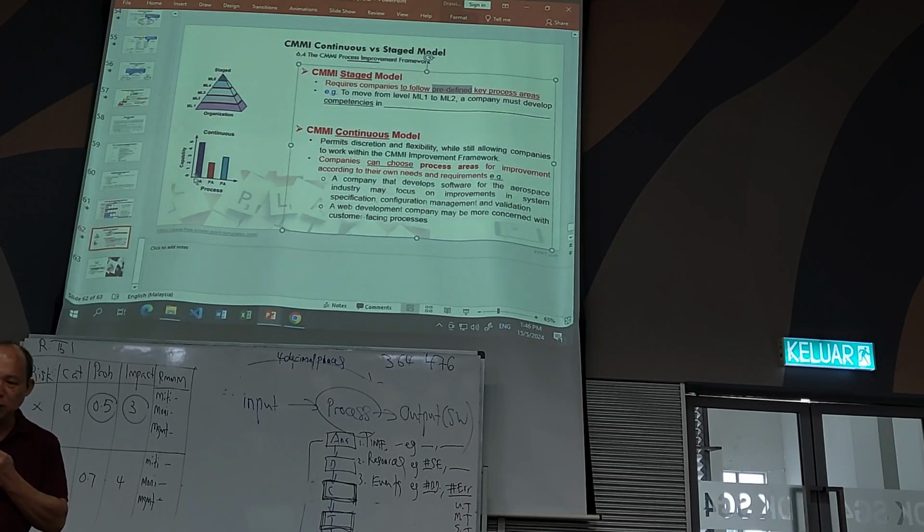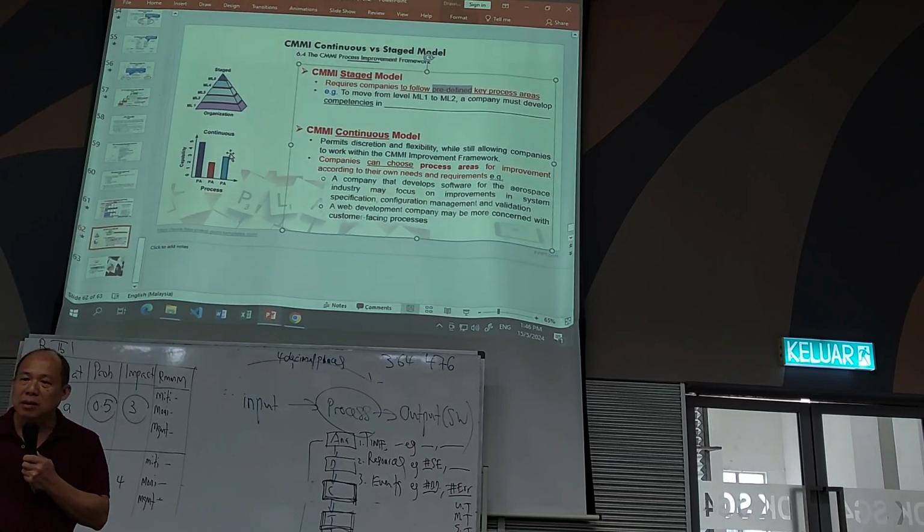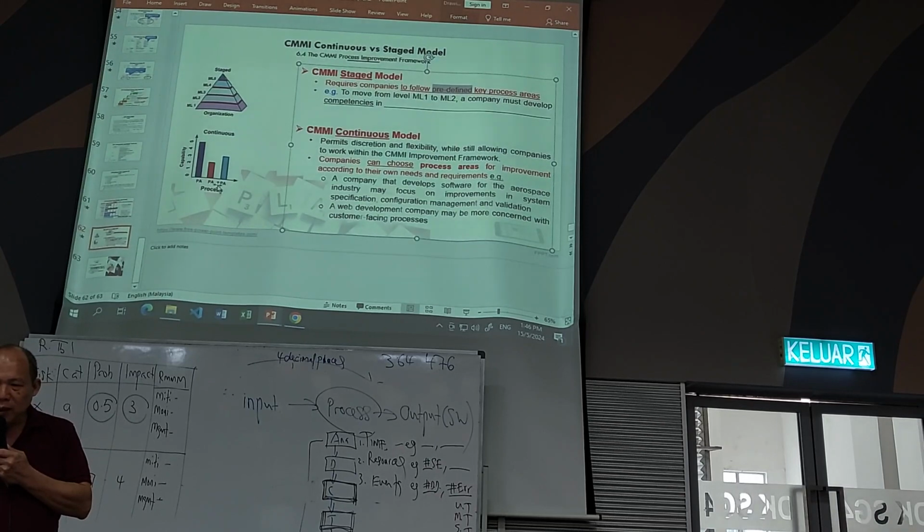If this process area is very important to the organization, the organization can choose to develop this process area until the maximum. Another process area, up to level 2, another one up to level 3. Then they can add another process area.